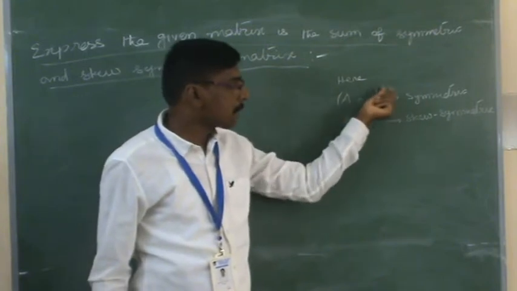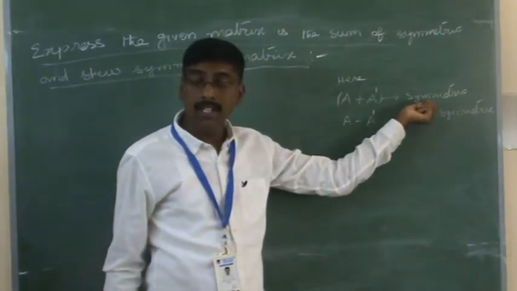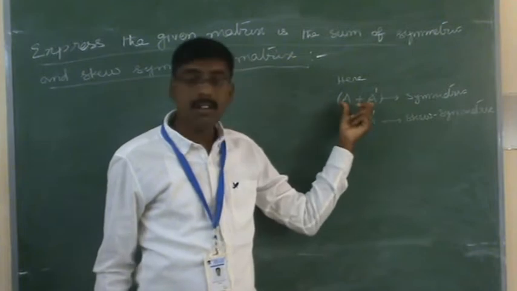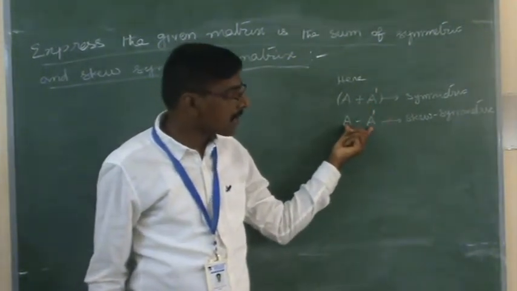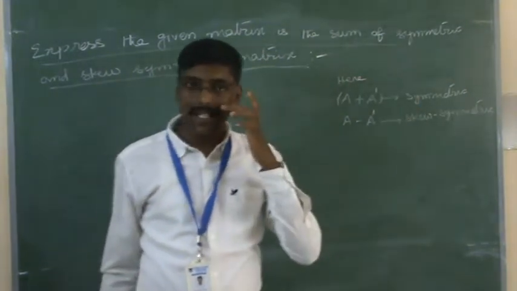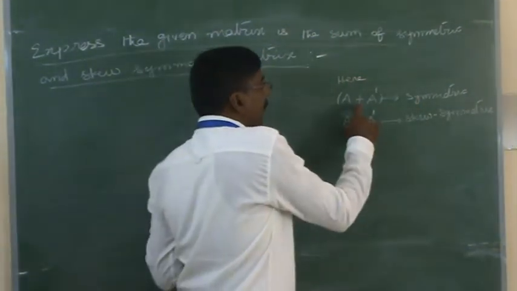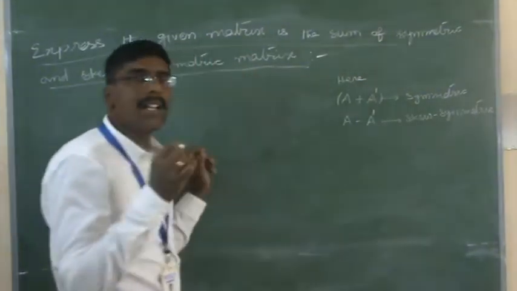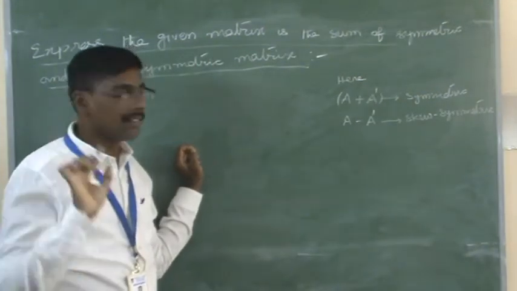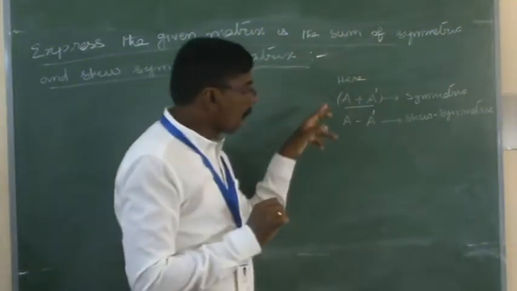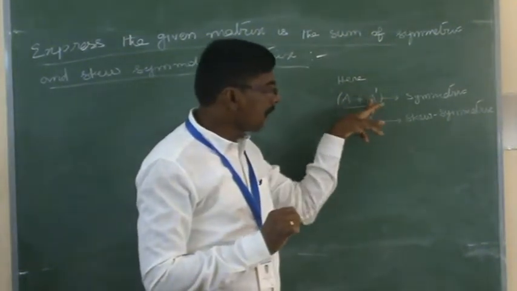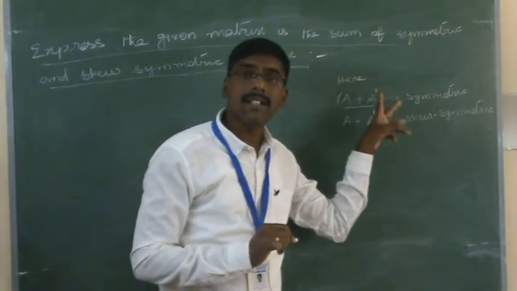A plus A transpose is a symmetric matrix. We solved some example problems also. A minus A transpose is always a skew symmetric matrix. Same condition: if a symmetric matrix is multiplied by a scalar, the resultant matrix is also symmetric.